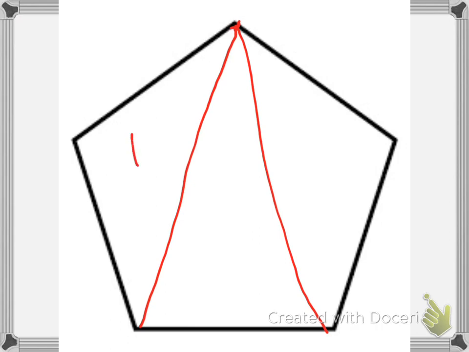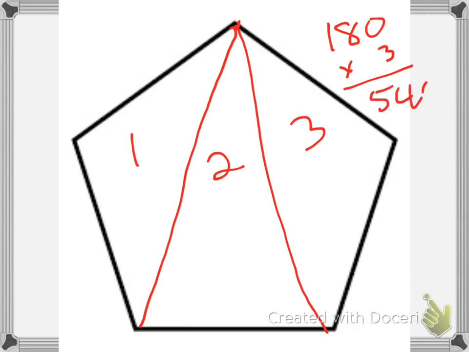So I'm going to count 1, 2, 3 triangles inside of a pentagon. So in order to figure out what all the angles of a pentagon have to add up to, I can take 180 and multiply that by 3 to give me 540 degrees.